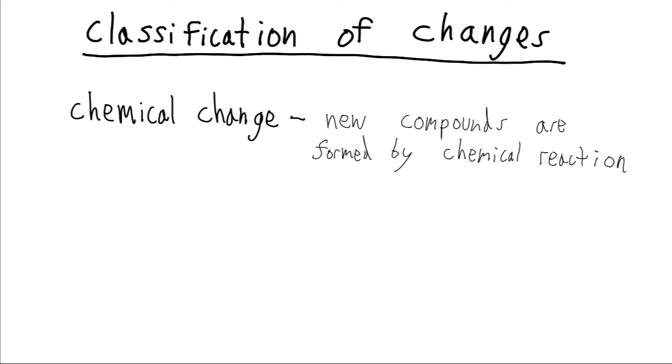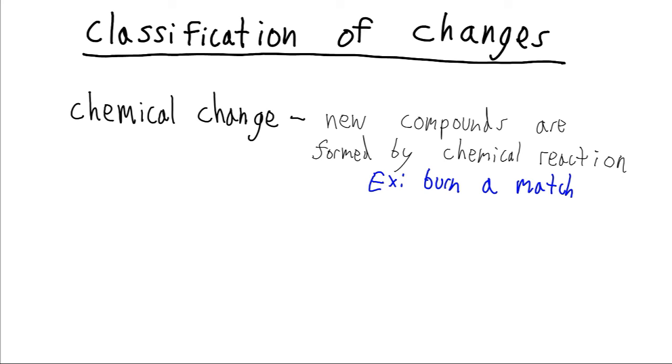An example of this would be, for instance, if you were going to burn a match, you would no longer have the phosphorus and the paper that made up the match. You would have new compounds. And a clue that you have a chemical change is that these are usually pretty difficult to undo. You're not easily going to be able to go and find all the parts of the new substances and recompose them to get your match looking like it was brand new.